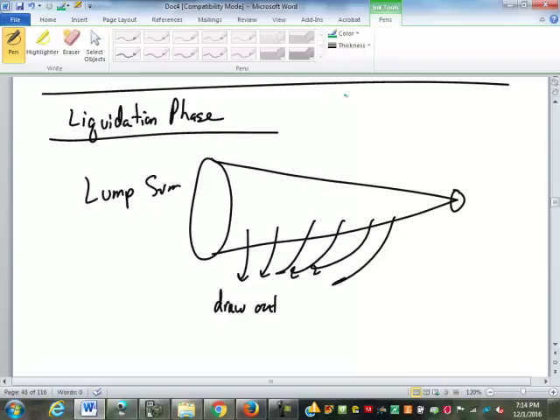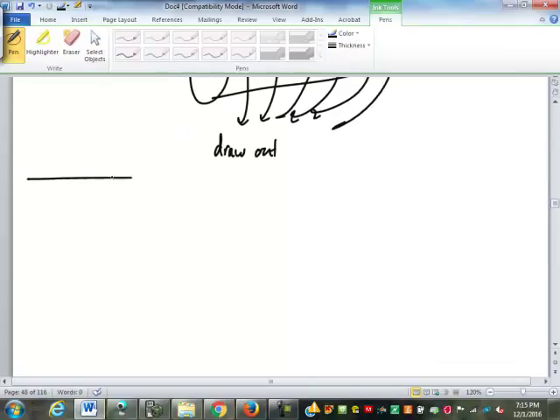Yes? Is this where you said that we are going to divide the formula? It's going to be actually the same formula, only we would divide. And actually, that's a good question. What if we have a certain amount of lump sum, or we want to have a certain amount of lump sum?